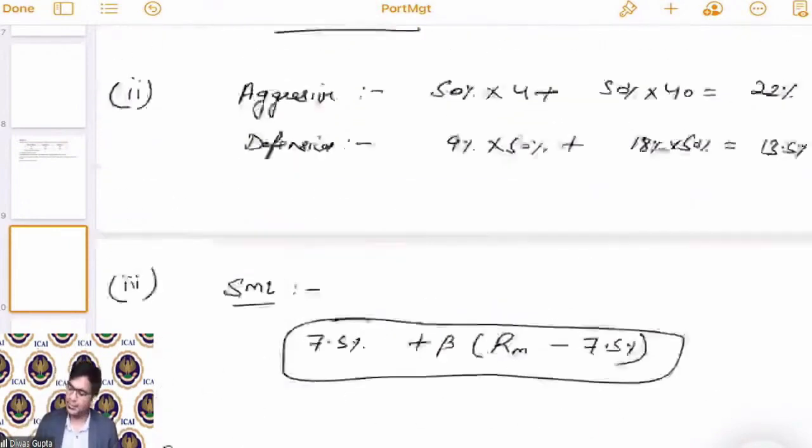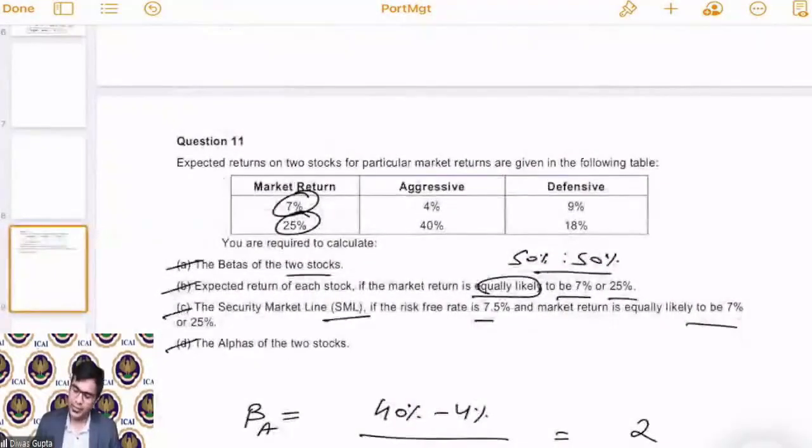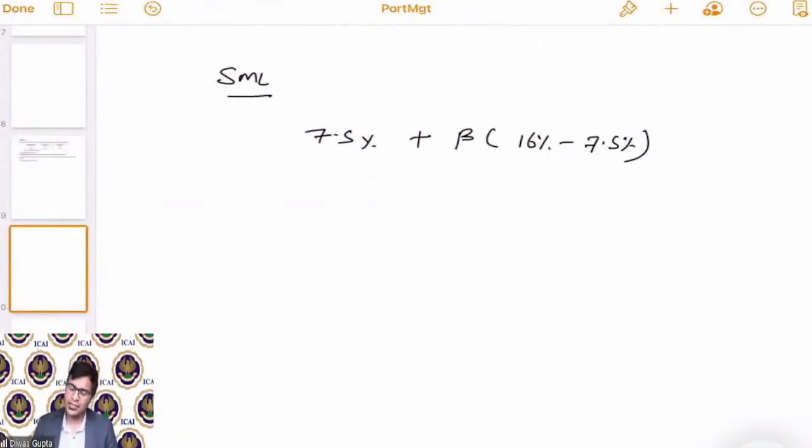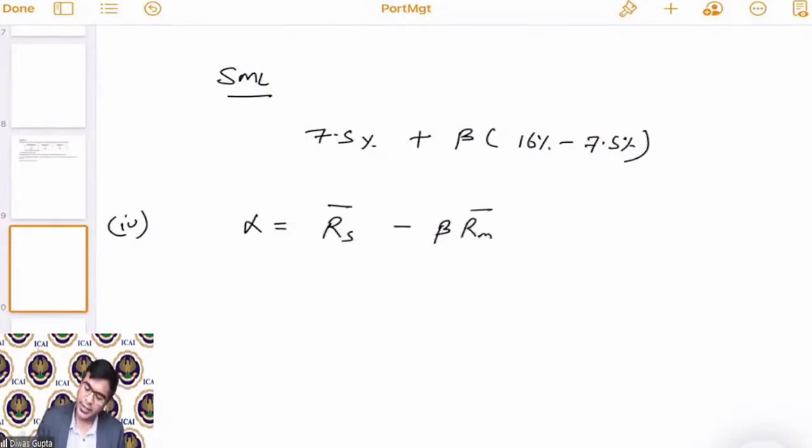Okay. Then last part, the alphas of the two stocks. The alpha that it is asking us to calculate, we already have the betas, we already have the X bar, Y bar, and hence we can calculate the alphas. So let me rewrite the formula here. Alpha is equal to return on security average minus beta into return on market average, which is RS bar and RM bar.